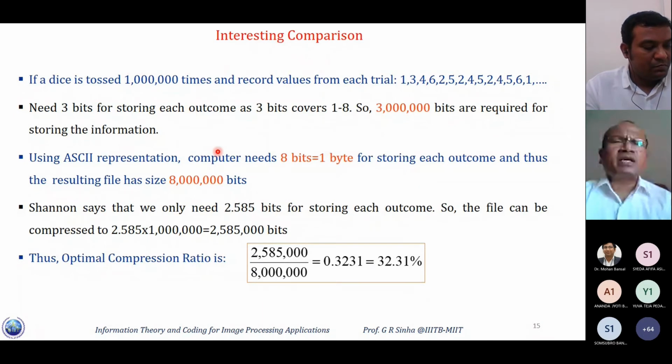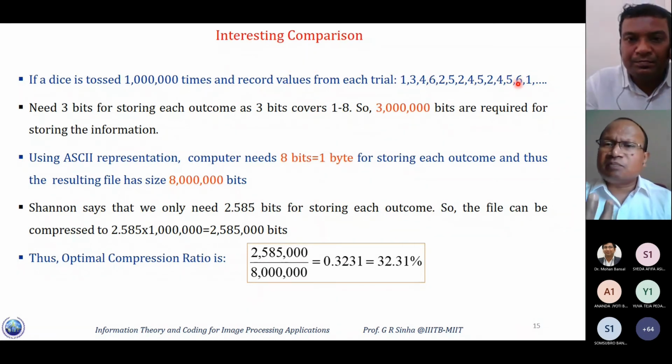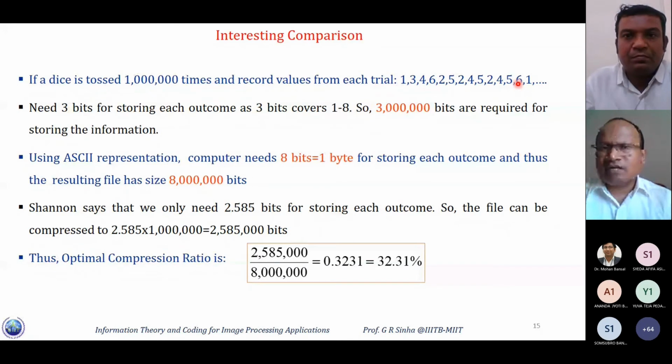So how does your information theory help? Let's see one example. Suppose you toss a dice a million times, and you get outcomes 1, 2, 3, 6, 2, 5, 4, and so on. You will definitely get certain outcomes. We know that the maximum value is 6. So when we are talking about digital representation, the minimum number of bits in order to represent an outcome will be 3.